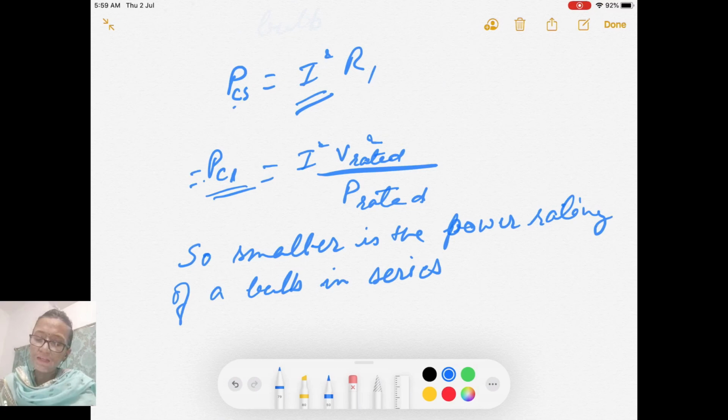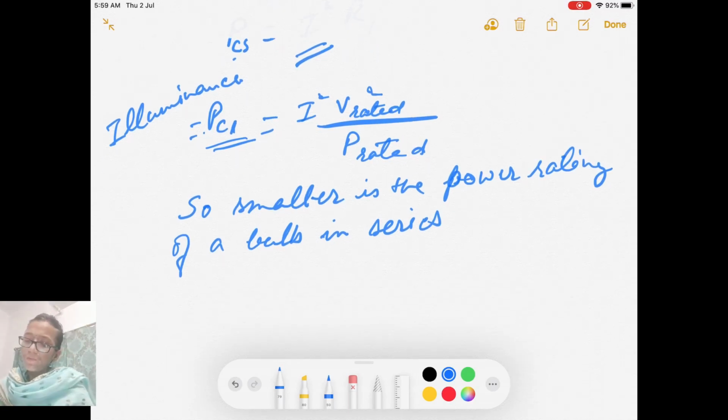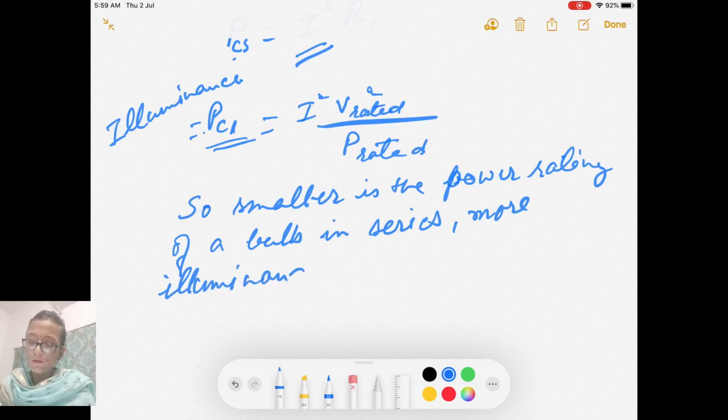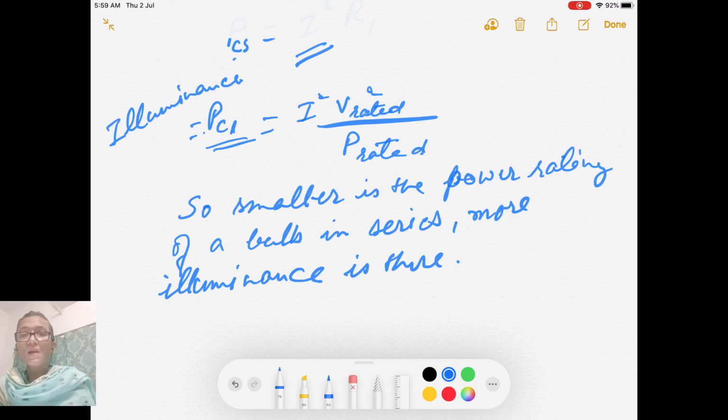Power consumed means illuminance. So when you connect so many bulbs of 40 watt, 60 watt, 100 watt, you will find that the 40 watt bulb is glowing with more power.